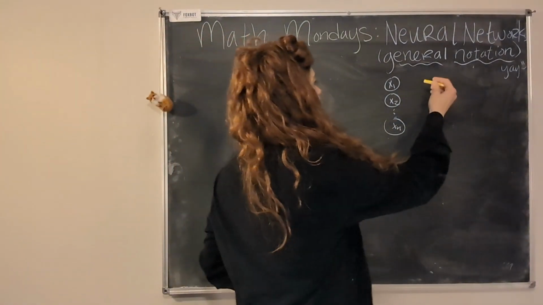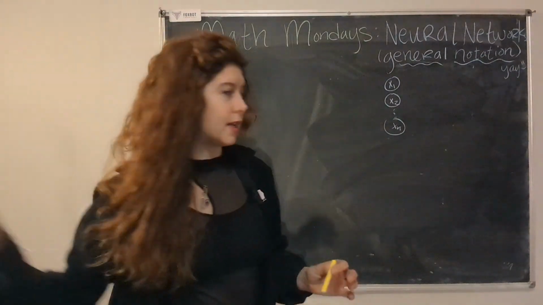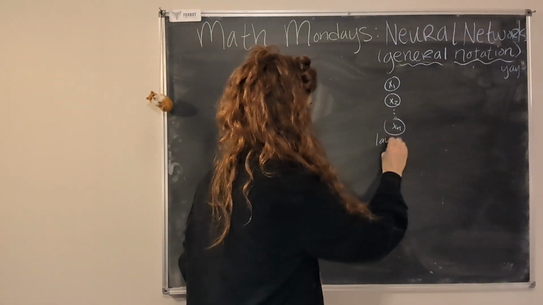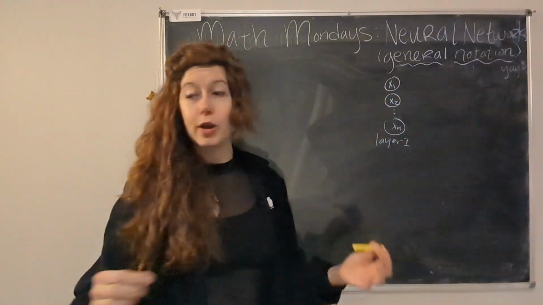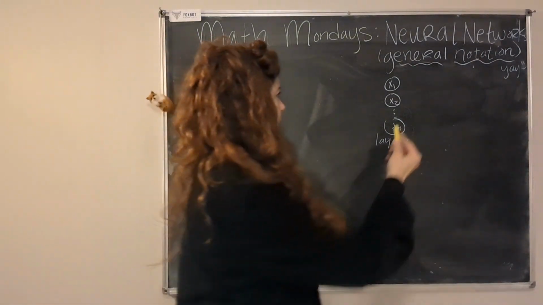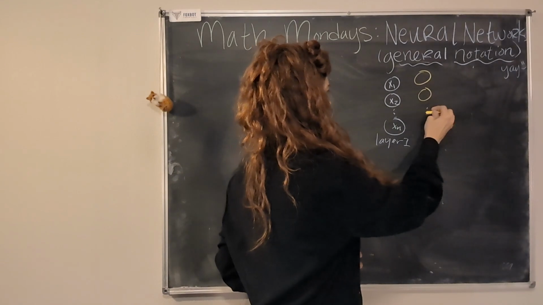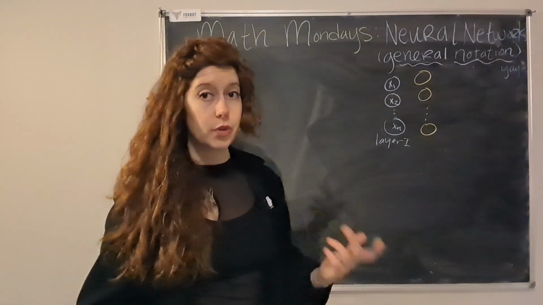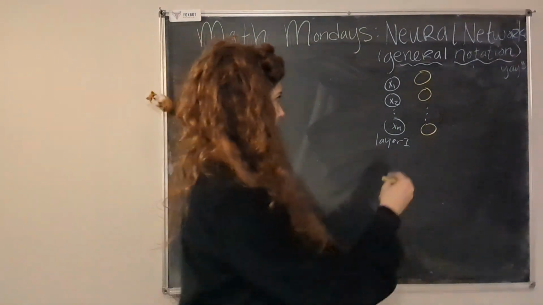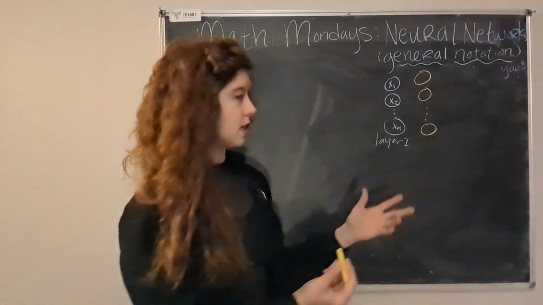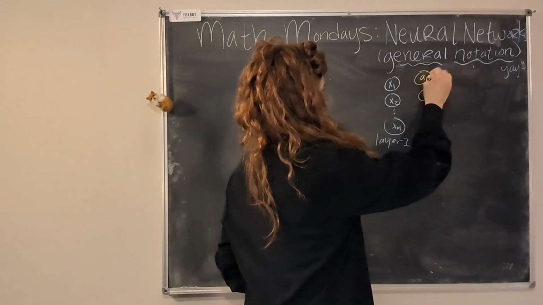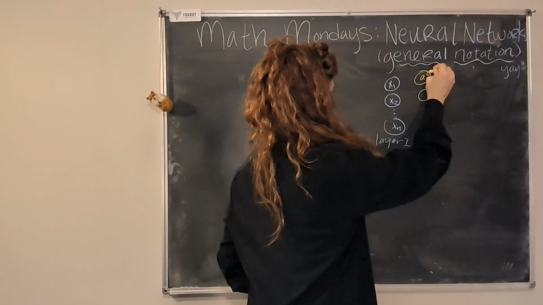Then this is layer 1, still our input layer. And then we have our artificial neurons. Similarly, I'm going to draw circles to represent the nodes, but I'm lazy, so I'm going to draw 2 and then a dot, dot, dot. So this is A subscript 1 in layer 2.